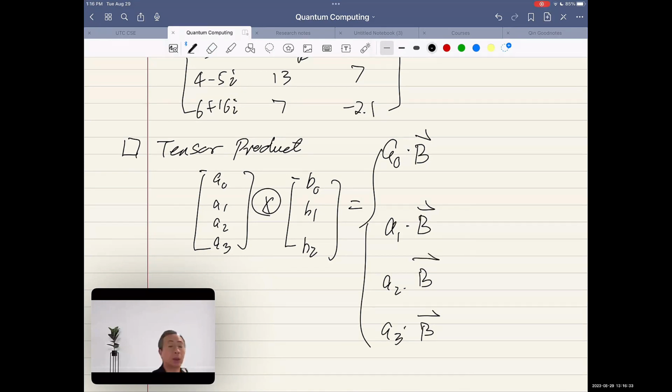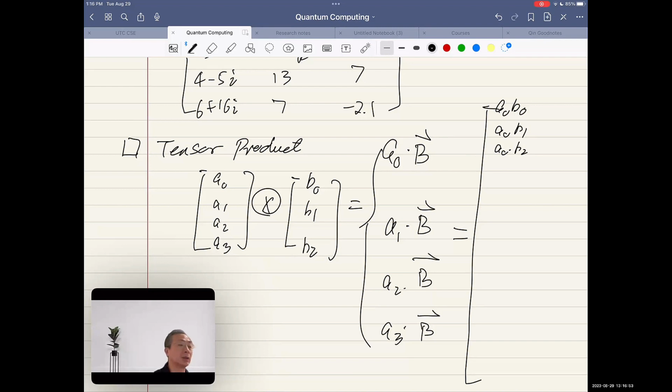And then we have this really long tensor vector.